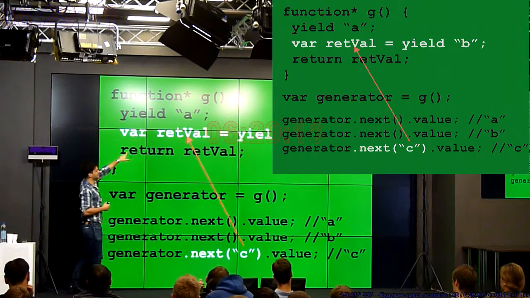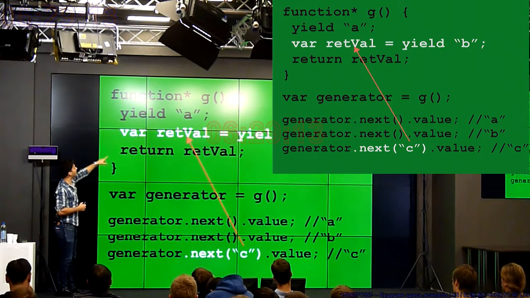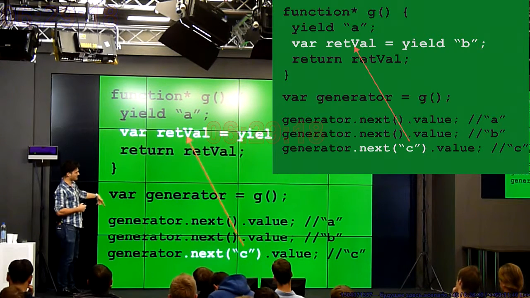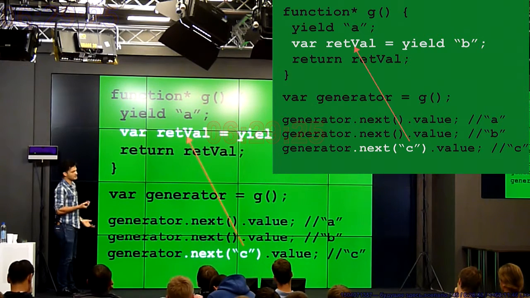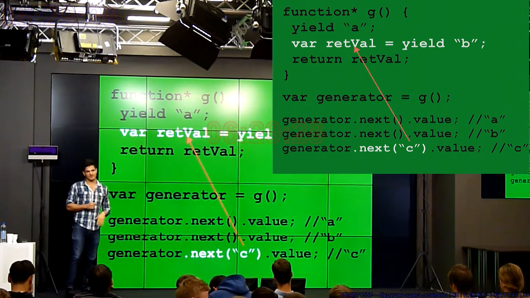So the third time you call the next function, you will get the return red val, which is C. So it's really nice. You can pass in things with generators as well.